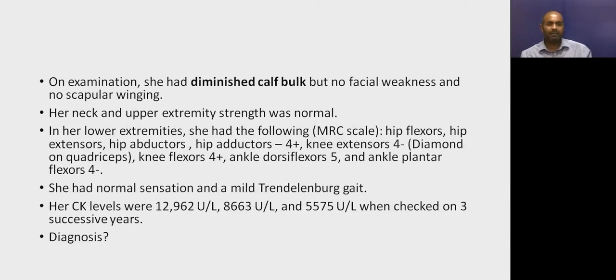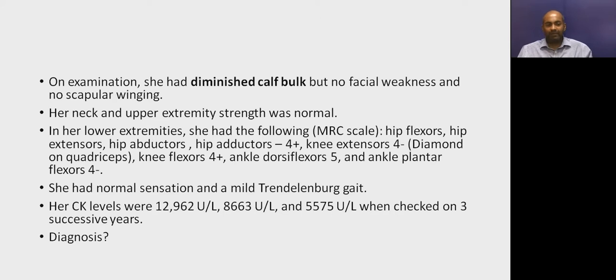On lower limb examination, the power in hip flexors, hip extensors, and hip adductors was 4 plus, knee extensors were 4 minus, and there was a diamond on quadriceps sign on the knee extensors, that is the quadriceps. Knee flexors were 4 plus, dorsiflexors 5, and ankle plantar flexors were slightly weak.